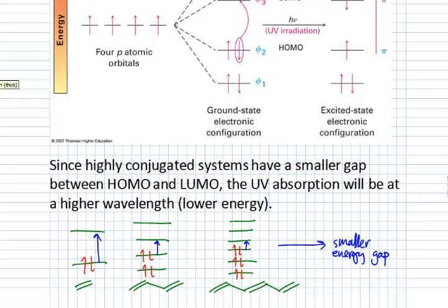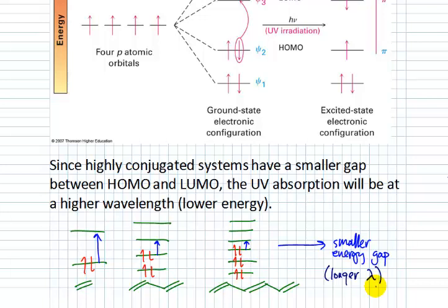And remember, lower energy is the same as longer wavelength. So the wavelength of ultraviolet radiation that's absorbed gives us an idea of how many double bonds are conjugated together.